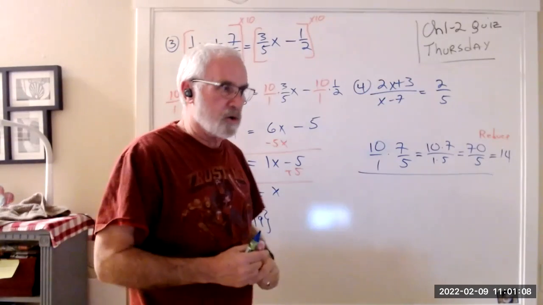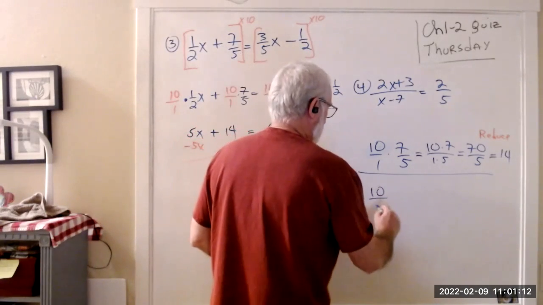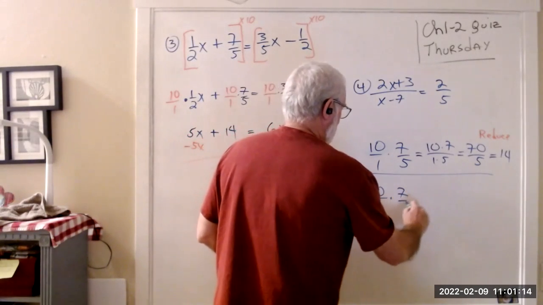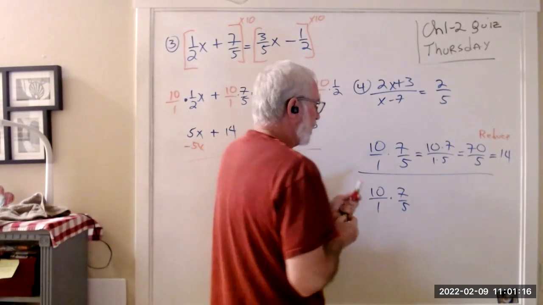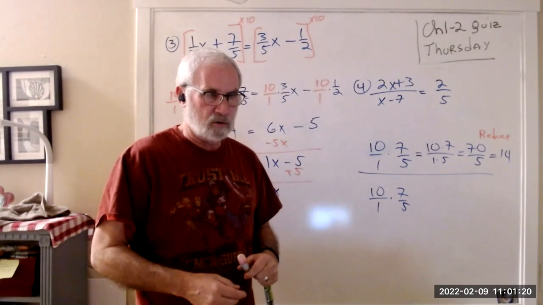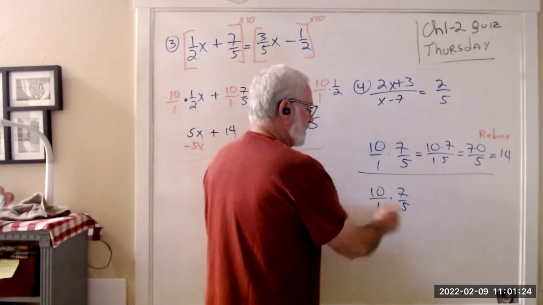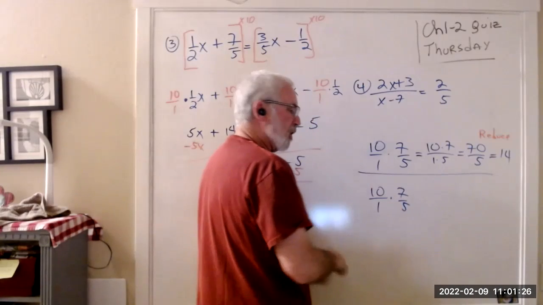An alternate way that some of you have been taught, same problem, is something called cross cancel. You said, oh, look, 5 and 10 have something in common.